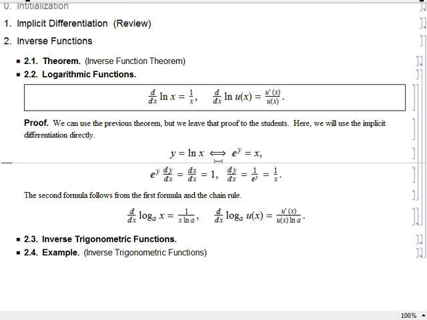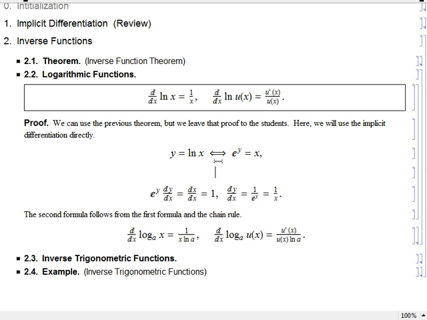If you're a little bit intimidated by this dy dx notation, then you can do something similar, kind of like this. e to the y power, of course that stays the same, times y prime, because y prime pops out because of this chain rule, and the derivative of the right hand side, derivative by x, is just 1.